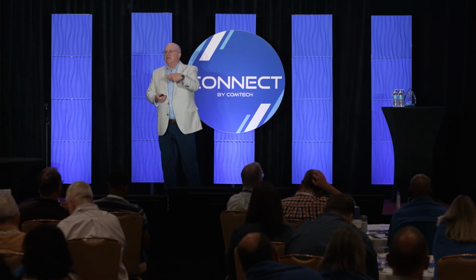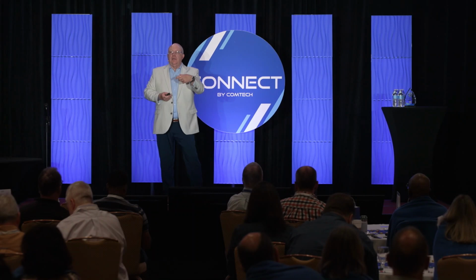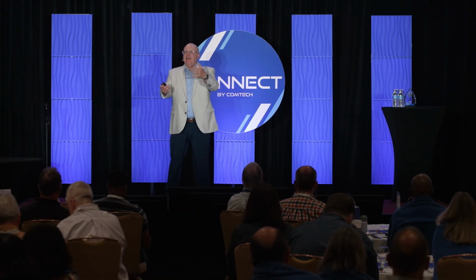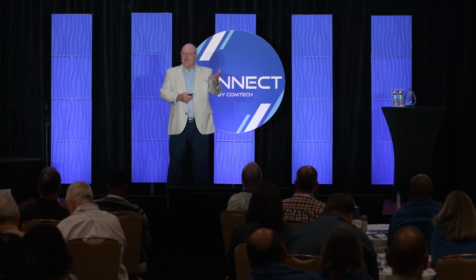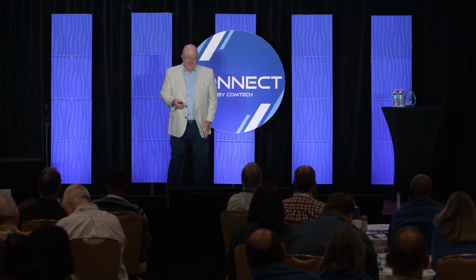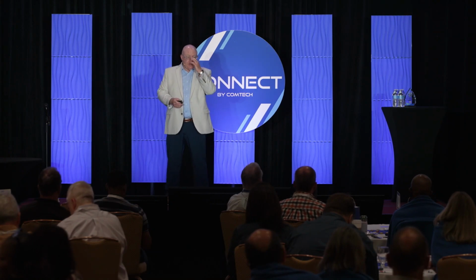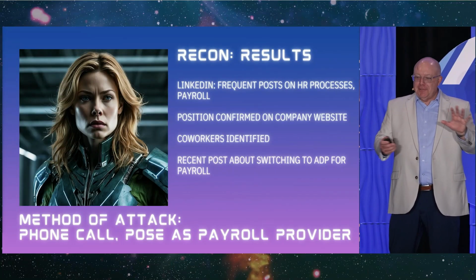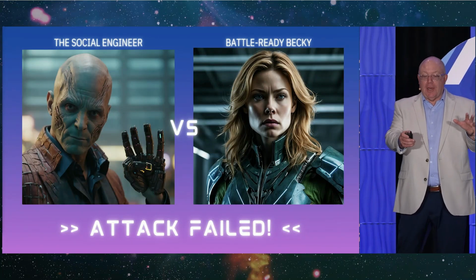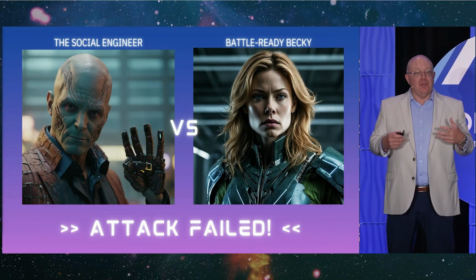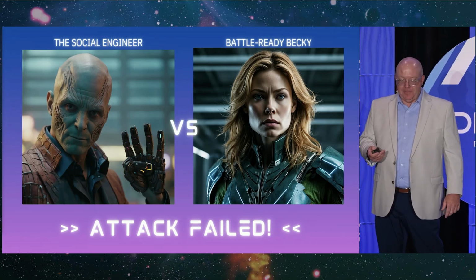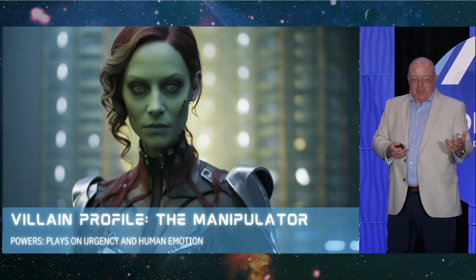Tell me what number you have. Right. Like you said the account number was wrong. What's the number you've got? Oh, I don't have a number. Or make up something that doesn't sound anything like it. So in this case, the attack failed. The social engineer was not successful because battle-ready Becky took a moment to think and picked up the phone.